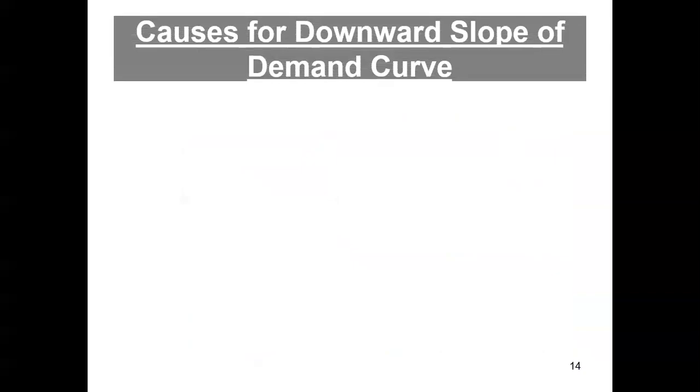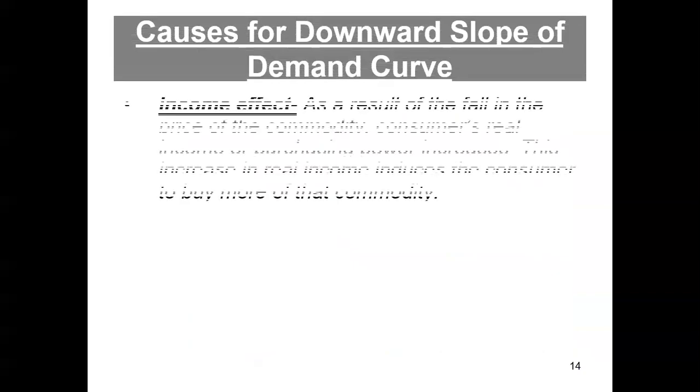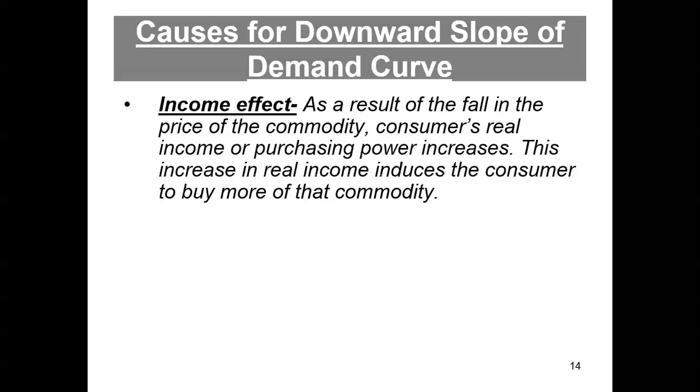Having said that, what are the main causes for the downward slope of the demand curve? Why will the demand curve slope downwards? The first reason is the income effect. As a result of the fall in the price of the commodity, the consumer's real income or purchasing power increases.